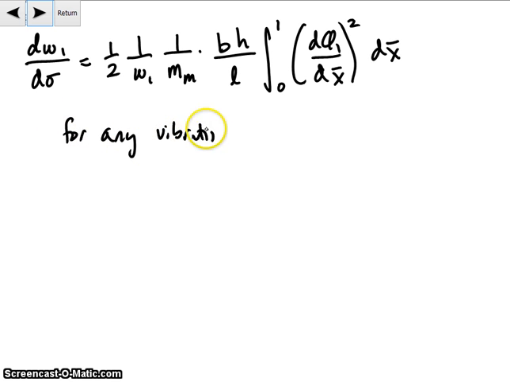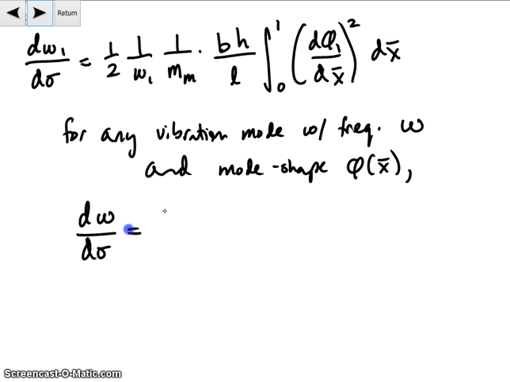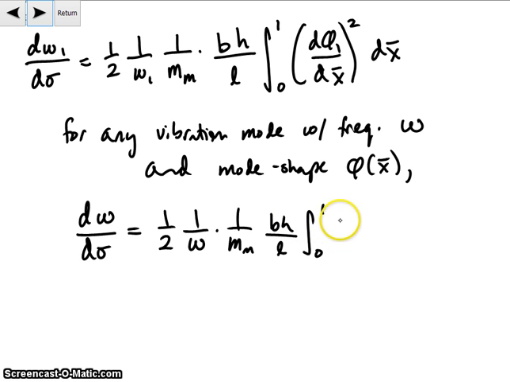And for any vibration mode with frequency omega and mode shape phi, the sensitivity of that mode to stress is 1/2 times 1 over omega times 1 over the modal mass times bh over L times the integral from 0 to 1 of phi prime squared dx bar.